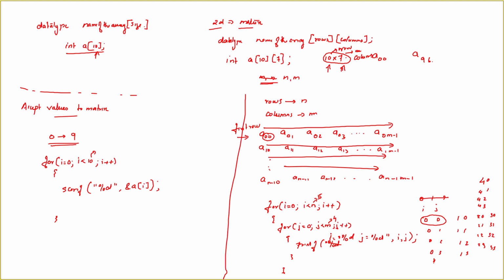The next element is 0 1, so the value of i j is 0 1. The next element is 0 2. The next element is 0 3. And the last element we see is a of n minus 1, m minus 1. n minus 1 is 5 minus 1, that is 4, and m minus 1 is 3.